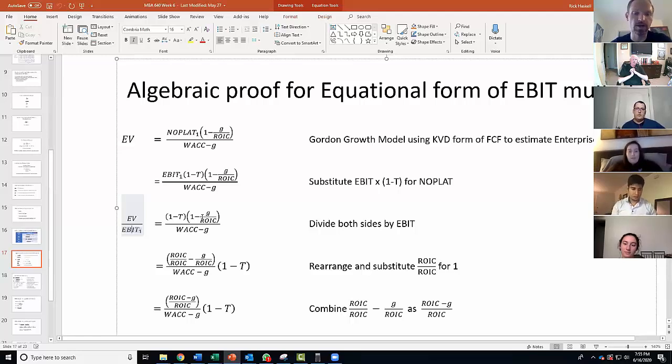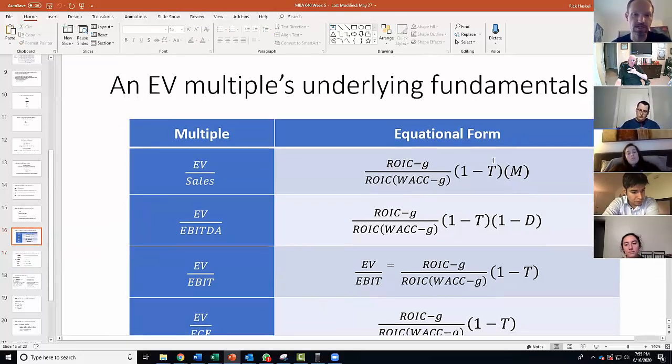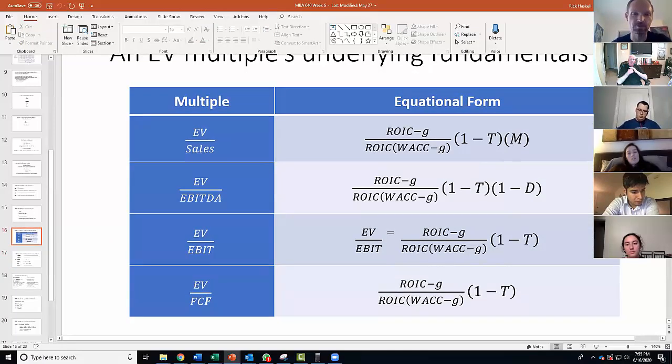I say no in the sense that I'm not sure I follow all the detailed levels of the math, but going back to the previous slide, it seems like that's what you're trying to impart on us: you may have these multiples, but these also equal, and that was one of the questions I was going to ask, EV over sales. The equational form for that is what you have to the right there.